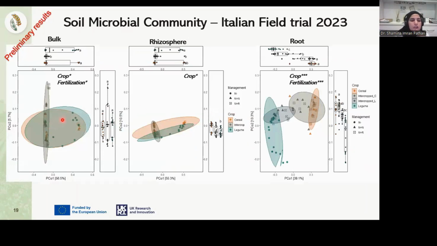You can clearly see that in the bulk soil, rhizosphere, and roots, intercropping has a significant impact and is changing the microbial community structure in all compartments. But we found a very significant impact on the community in the root compartment.